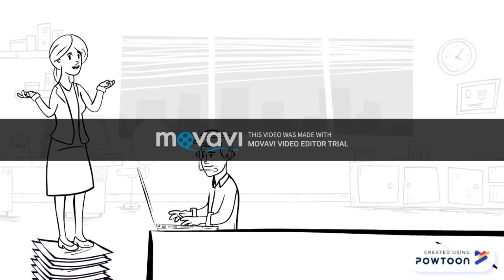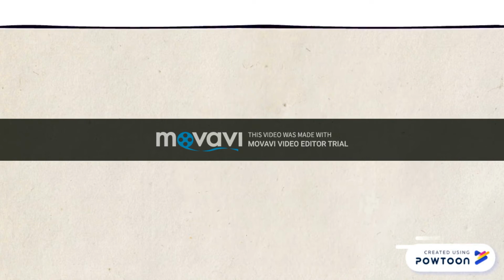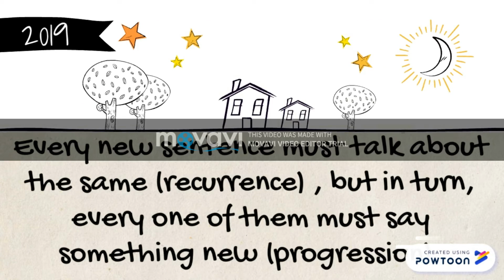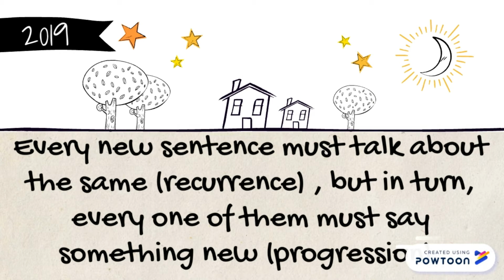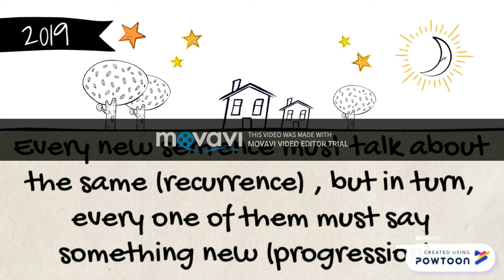The progression rule. In order to understand what progression in a text is, it is necessary to consider that in a well-formed text, every new sentence must somehow talk about the same thing, and this is what we call recurrence. But in turn, every one of them must say something new, and this is what we call progression.